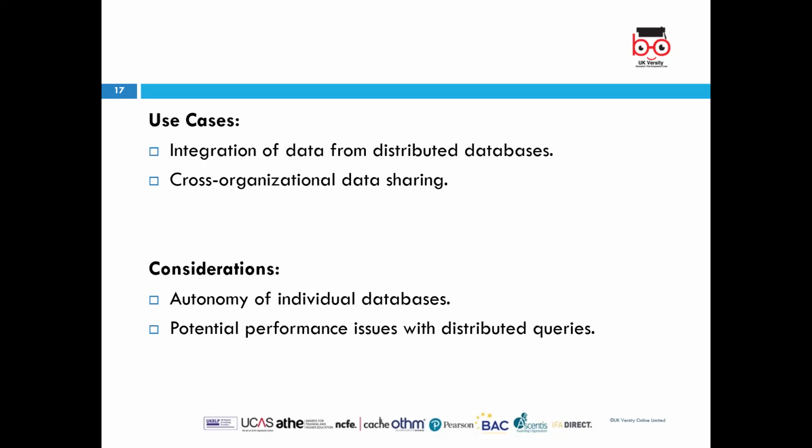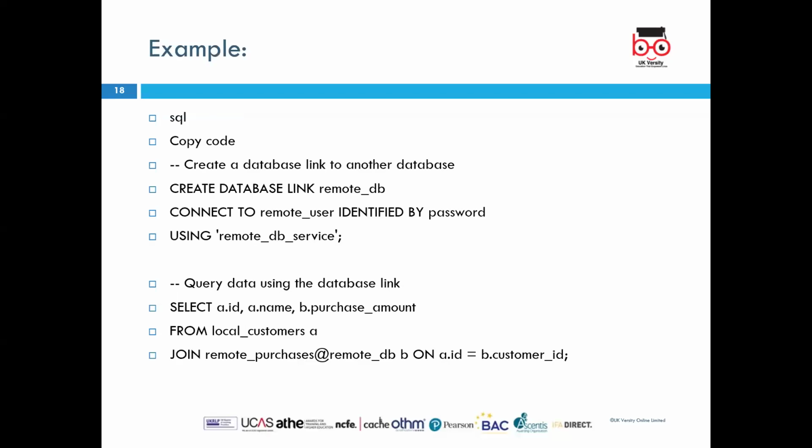The consideration is the autonomy of individual databases. Here we have a code example where we create our database link to another database, and we can then query the data using our database link.